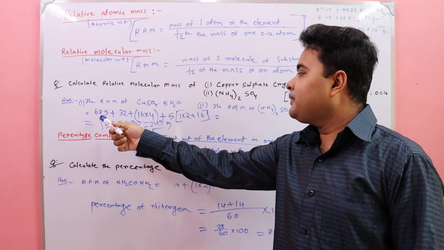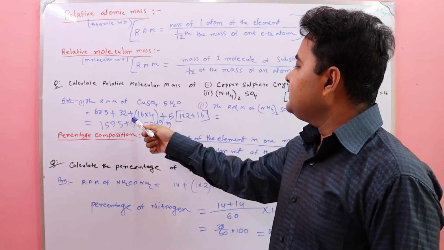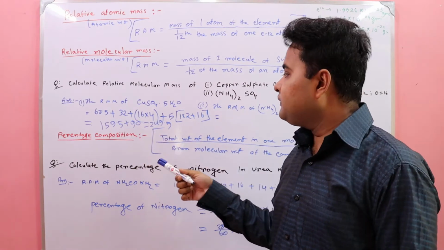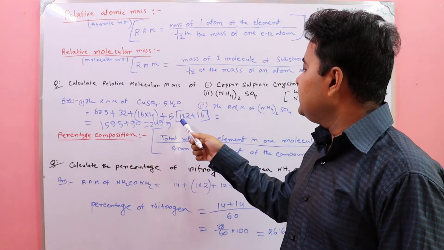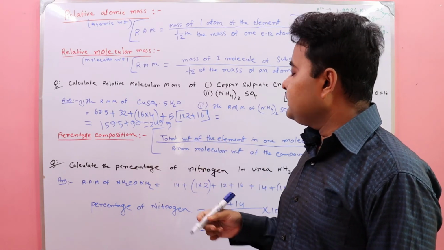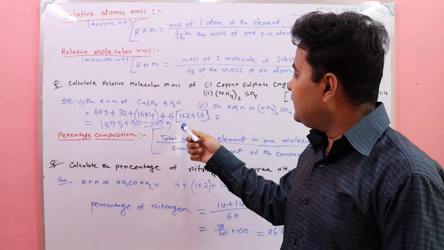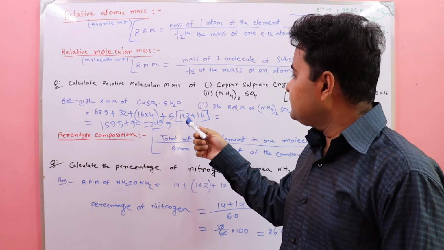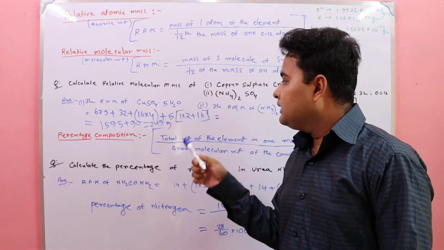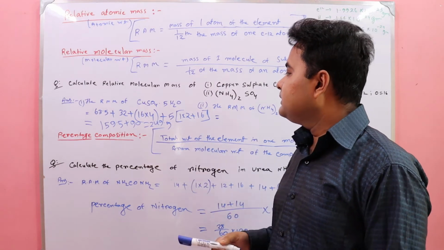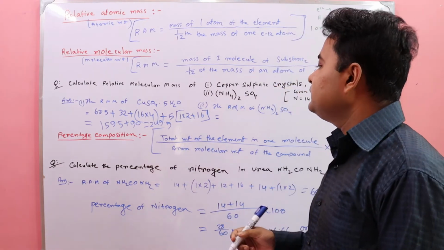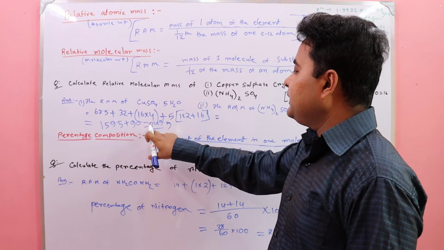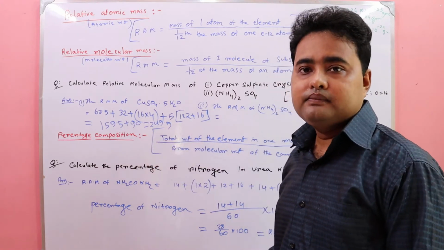That is 63.5 plus 32, and 16 into 4 is 64, plus 2 into 1. According to the BODMAS rule, you have to calculate the bracket first, that is 2 into 1 plus 16, that is 18, and 18 into 5 is 90, and putting in the values, the answer should be 249.5.